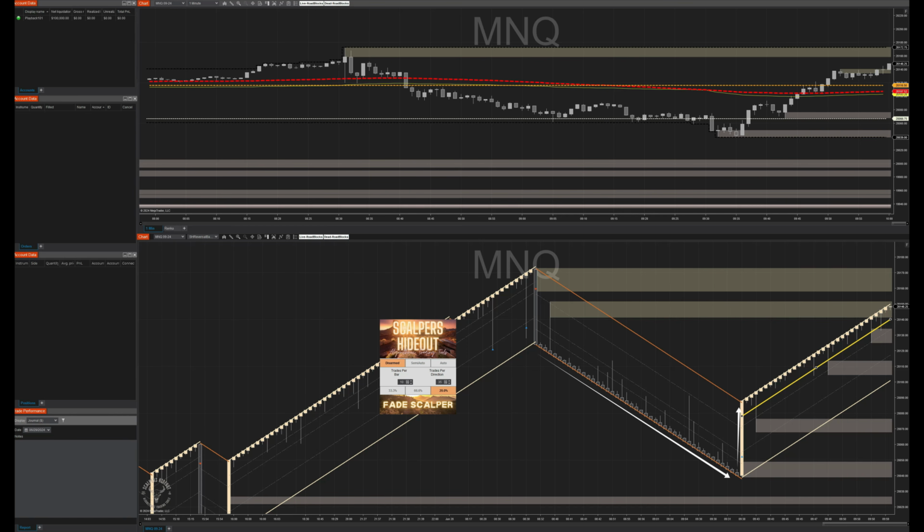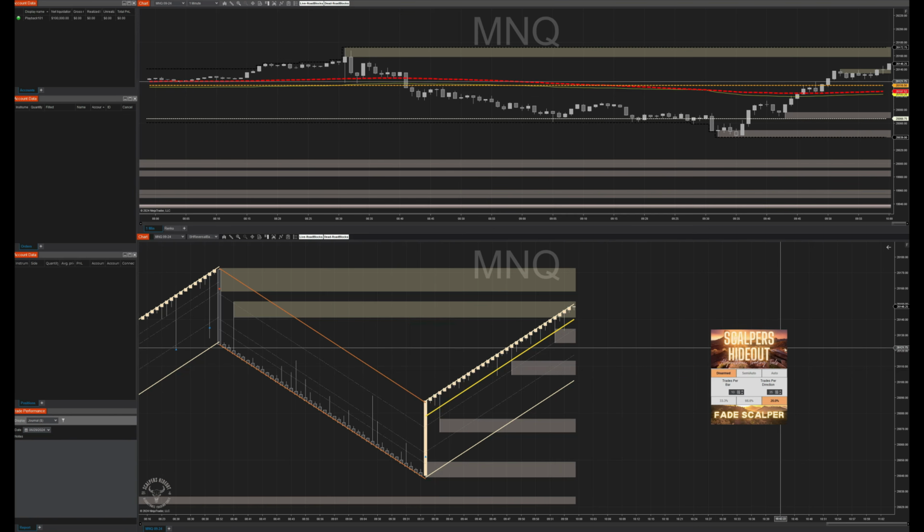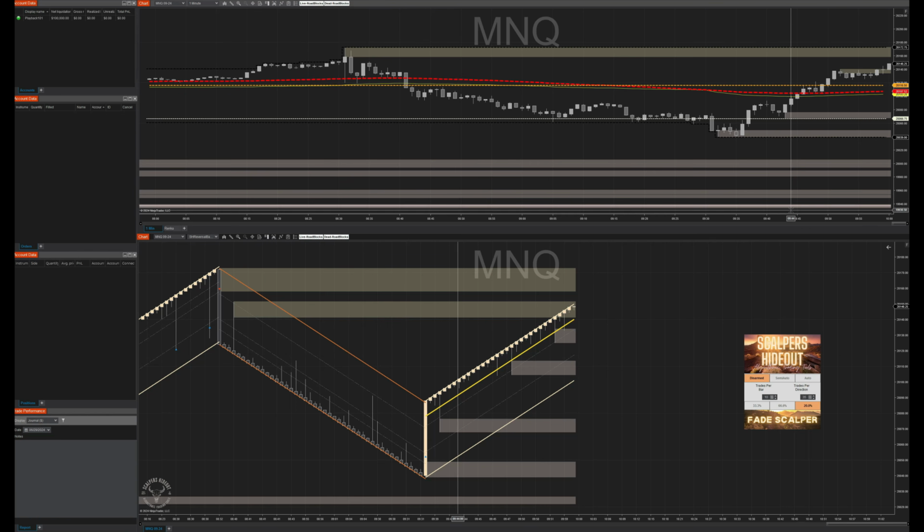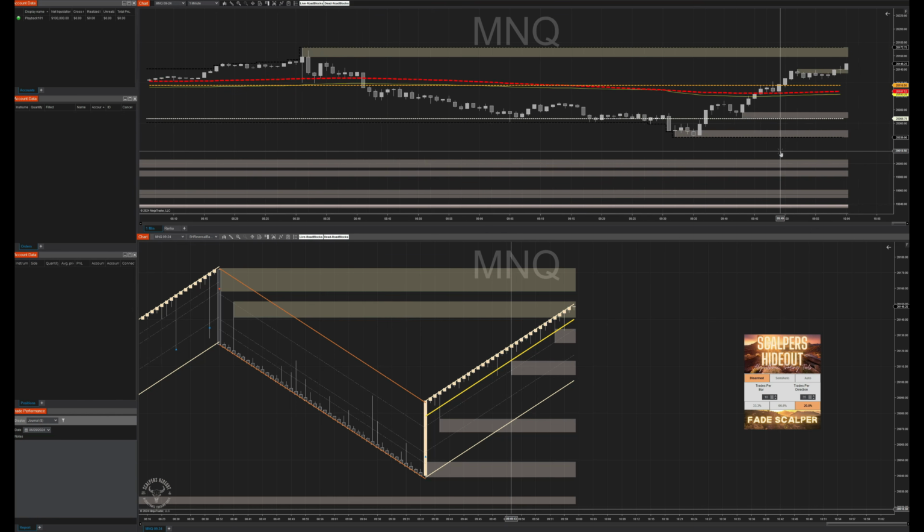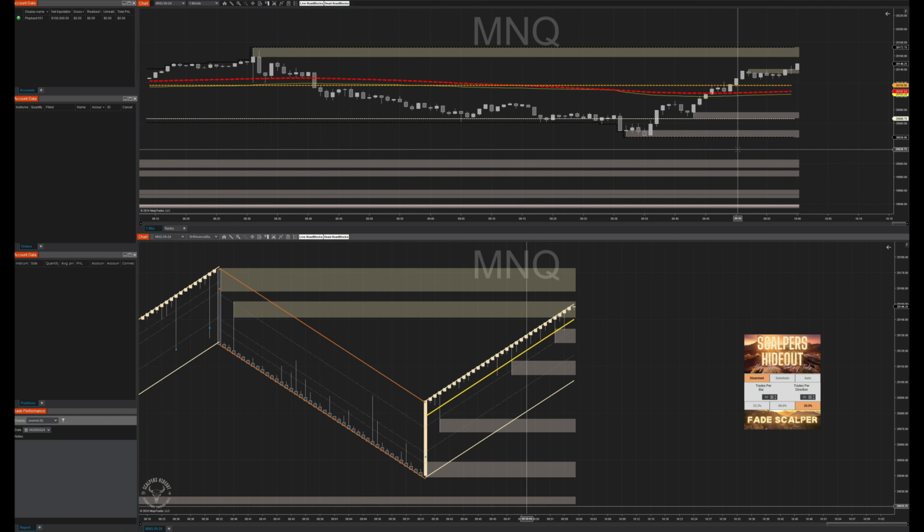I just pulled up yesterday's price action, and I set it past the open. I set it at 10 a.m. and let me get rid of the drawings on this chart. All right, we've got our trade panel here, and we've got our 1 minute chart up above.